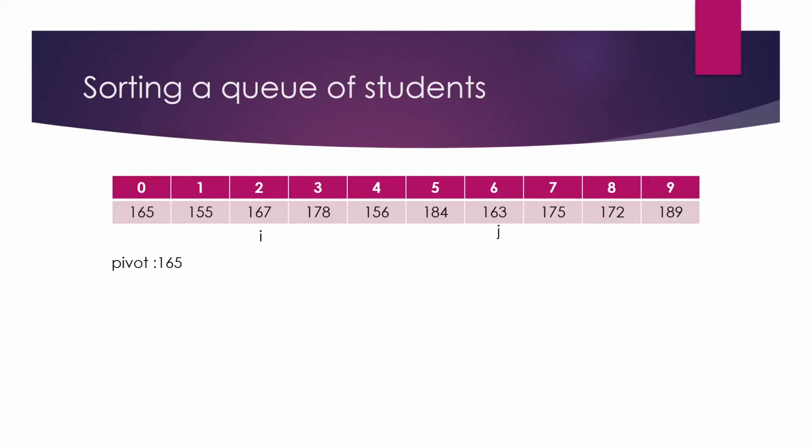When both I and J have fulfilled their conditions, they will perform a swap. After swapping, increment I again until the same condition is met. Same with J, keep on decrementing until it finds an element that is less than the pivot again.